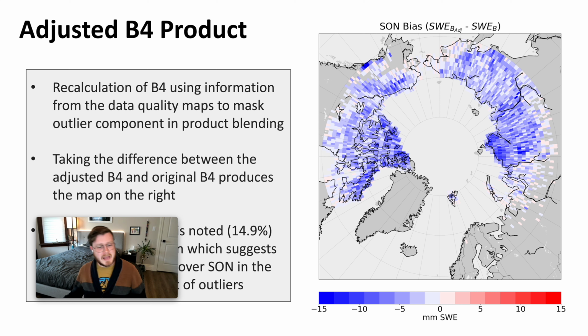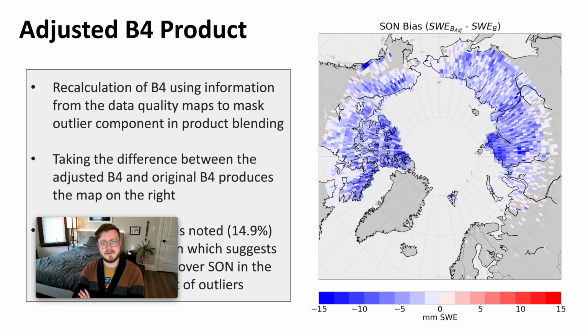And so one of the applications we're thinking about here is to do an adjusted blended 4 product, where we mask out the regions that we've identified as being statistically inconsistent using the technique described here in each of the component products, and then recalculate the blended product as an ensemble average between the remaining data sets, and we get a new adjusted product.